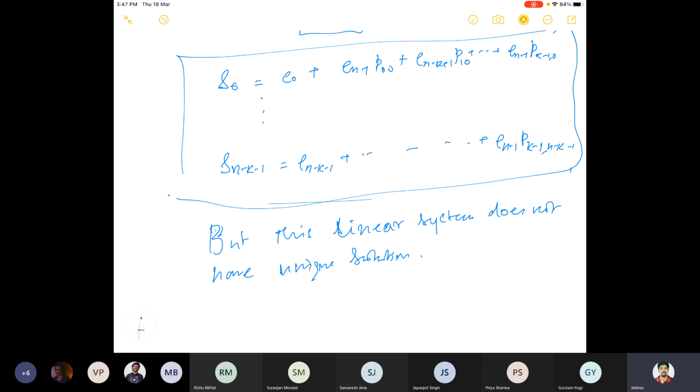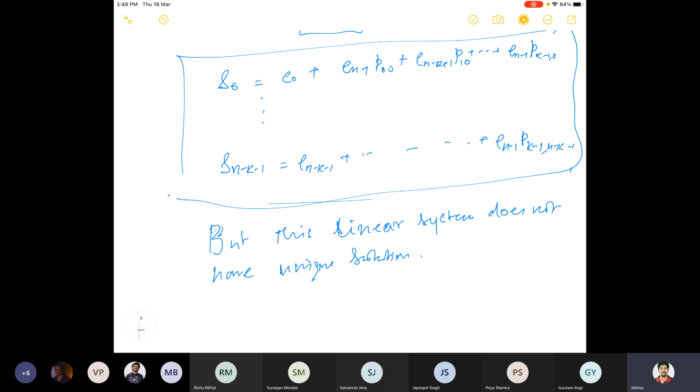Now, can anybody tell me how many solutions this equation can have? I already said this, and we'll prove it later also in a different language. How many solutions means, once you have a syndrome, how many errors could there be?